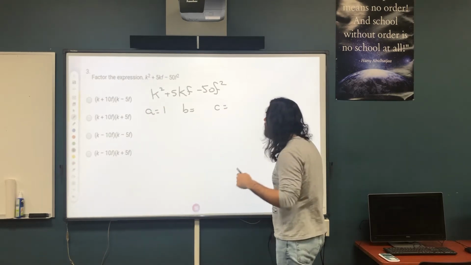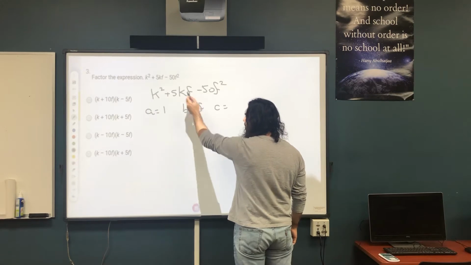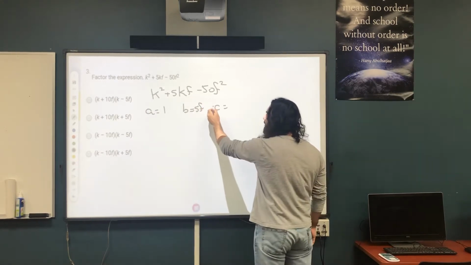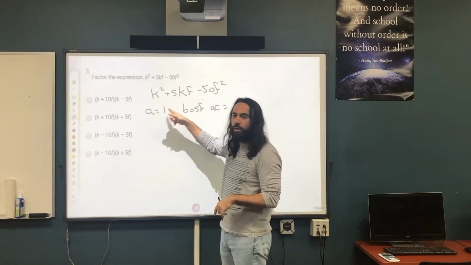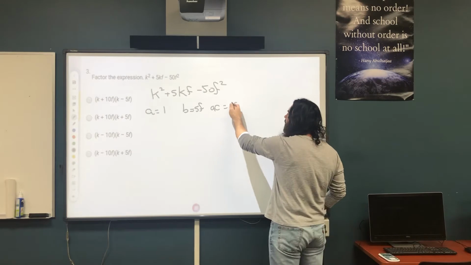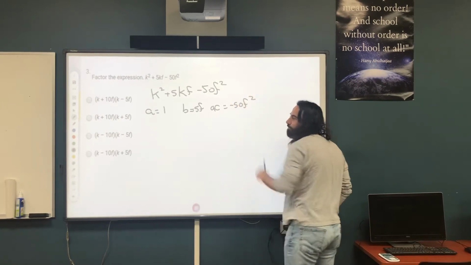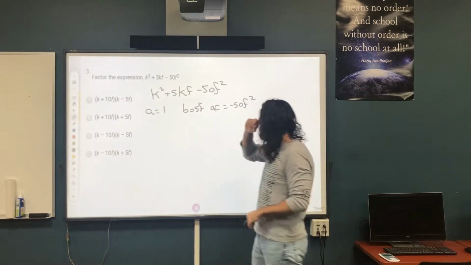B is 5f because f is just like a number. AC, remember we multiply a times c, but it doesn't matter now because a is 1, so it's going to stay the same: negative 50f squared. Remember, f is a number. The variable is k.